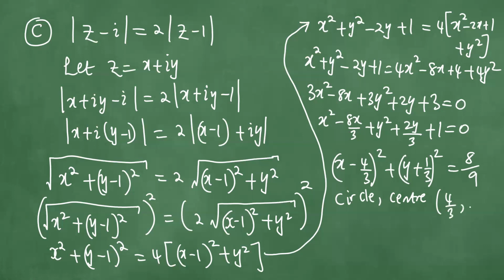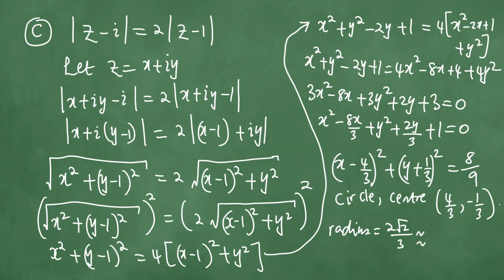Center 4/3 and minus 1/3. This circle has a radius. What is the radius of the circle? It is 2 times the square root of 2 over the square root of 3.